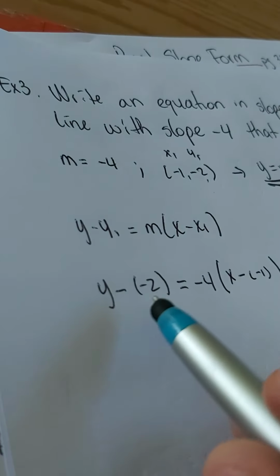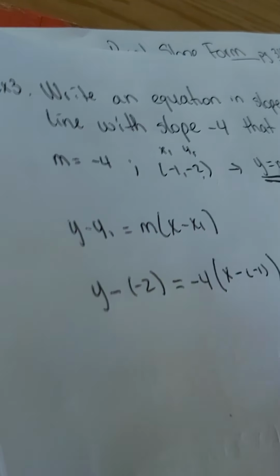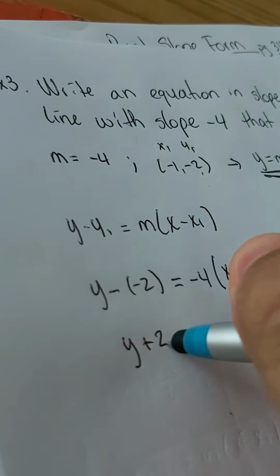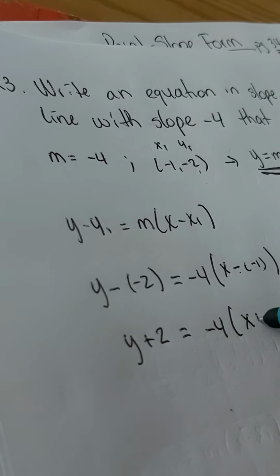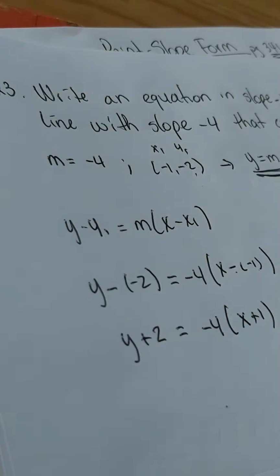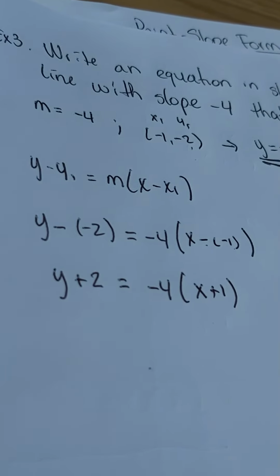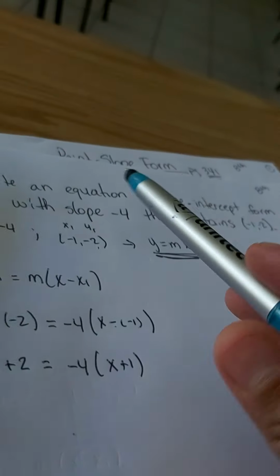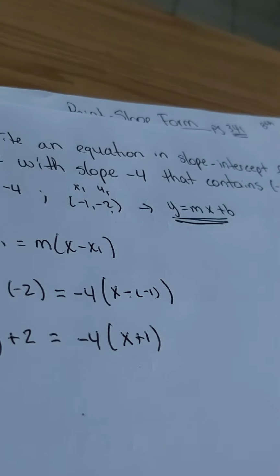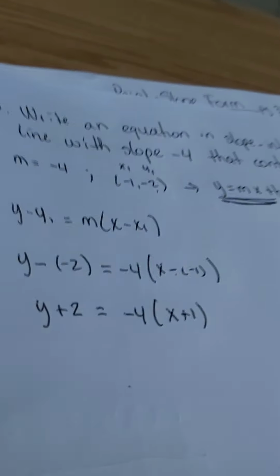Now we simplify. Negative times -2, +2, equals -4 times x, negative times -1, +1. So that will be our equation in point slope form, but they're asking us to write it in a slope intercept form. So what do we do now?